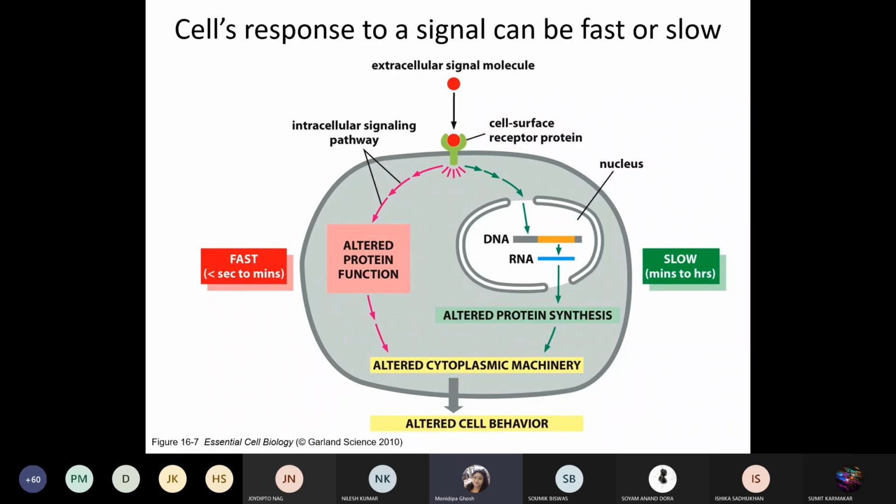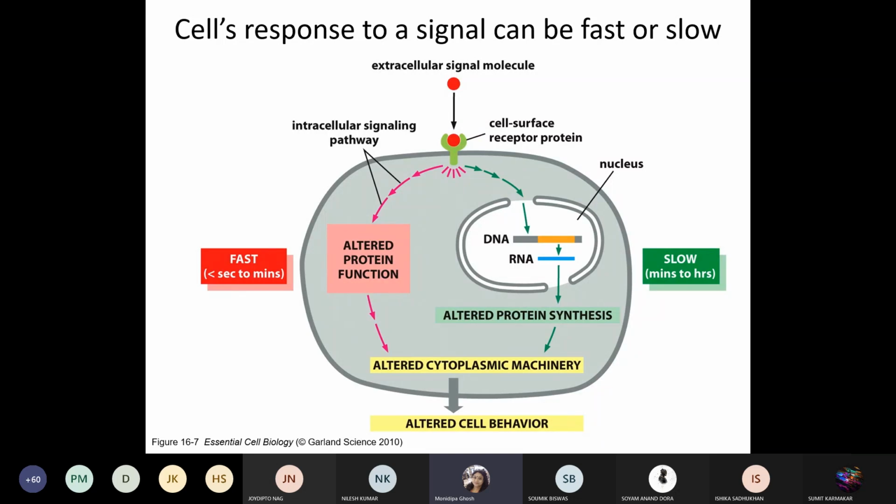on the left hand panel, if you go through the intracellular signaling pathway, it takes charge, the altered protein is functioning, the altered cytoplasmic machinery is done, and you can see the altered cell behavior. Altered cell behavior means that a cell which is normally intact, with no need for any triggering, is an unaltered cell.